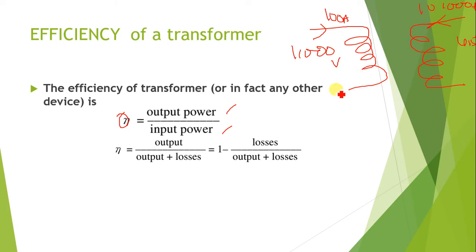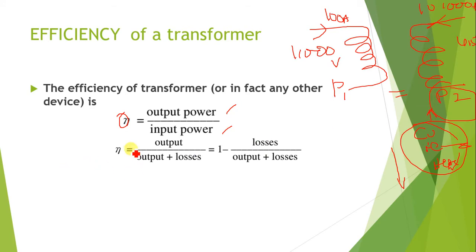Ultimately power P1 should be equal to P2, but in the case of P2 you have some losses, such as copper loss, iron loss, and heating. These losses should be minimized in order to get P2 as a good value.